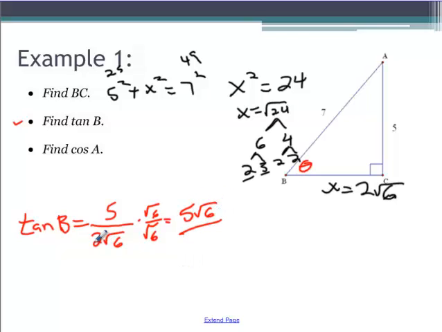Five square root of 6 over square root of 6 times square root of 6 is 6 times 2, 12. Now I need to find the cosine of A. A is up here. That's my new theta for the second part. Cosine is adjacent over hypotenuse. Adjacent is 5. Hypotenuse is 7.